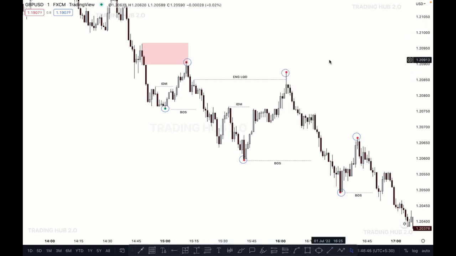So how can we identify that the market took the engineering liquidity or the inducement? Sometimes the market takes the inducement and then drops, sometimes it takes engineering liquidity and then drops.